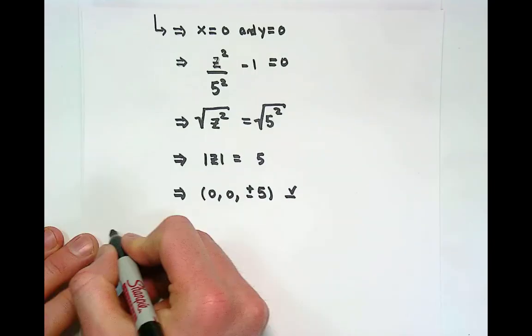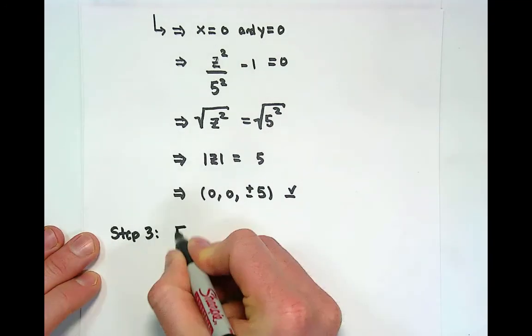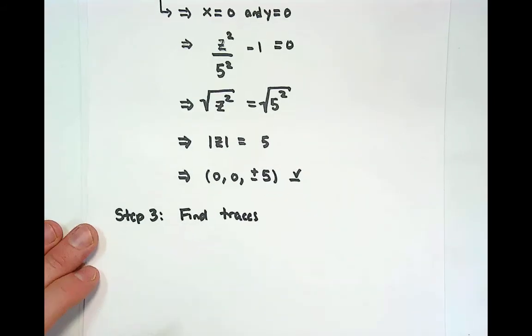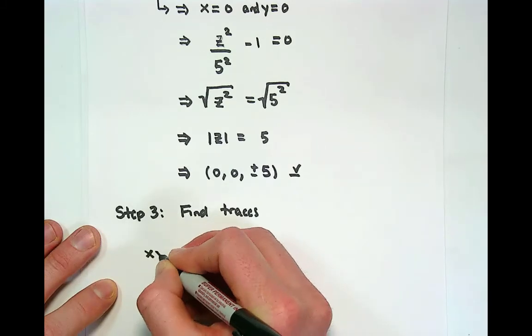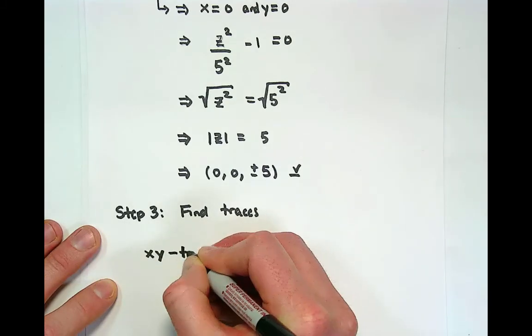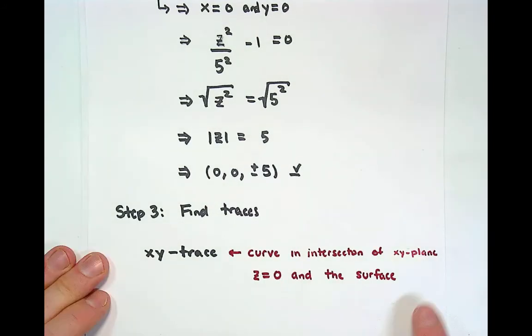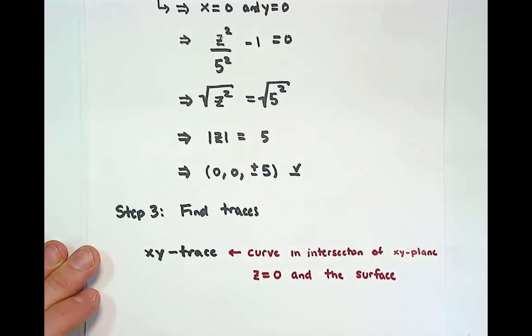Remember that the third step of this analysis was to look at traces. And we said that one of the best ways to do this was to start with the most popular traces if appropriate. So the xy trace was the intersection of the xy plane given by the equation z equals 0 and the surface given by the original equation.